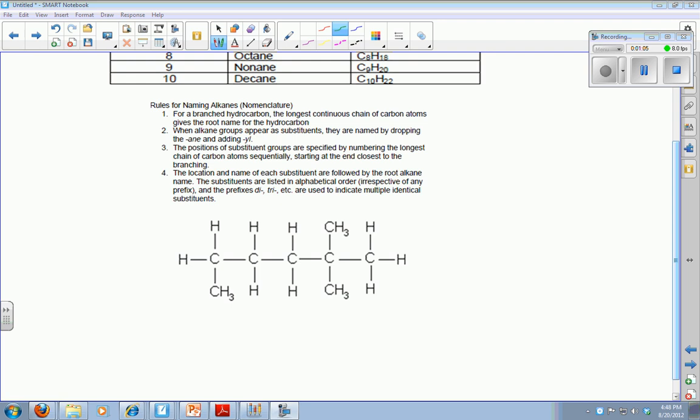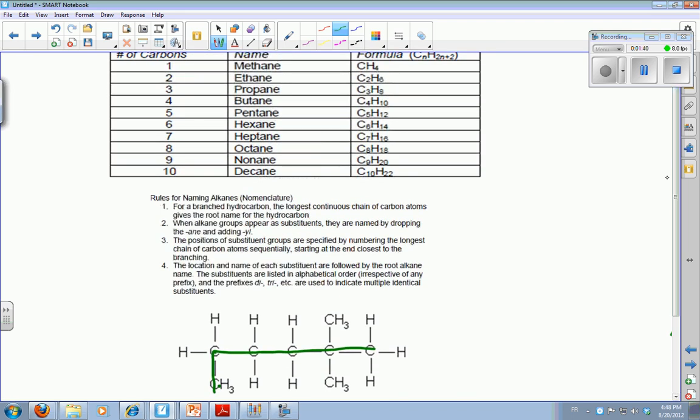Even though this carbon down here is a CH3, it's actually part of the straight chain. It's like if you can draw it with your pen without picking it up, those are all connected. So there's 1, 2, 3, 4, 5, 6. Then we go back up to our list, and 6 is hexane.